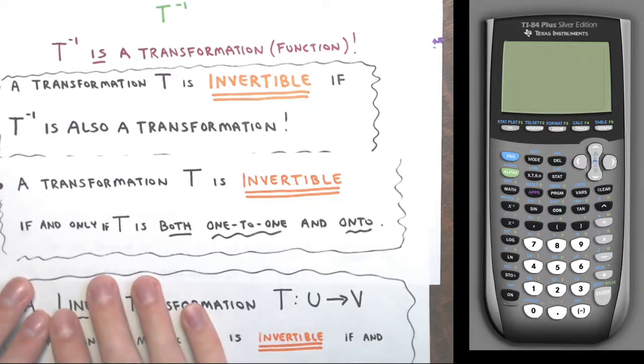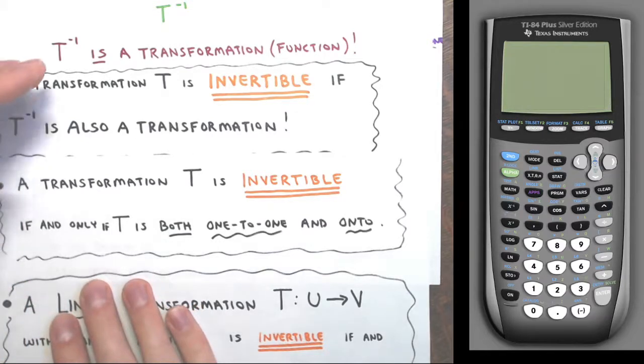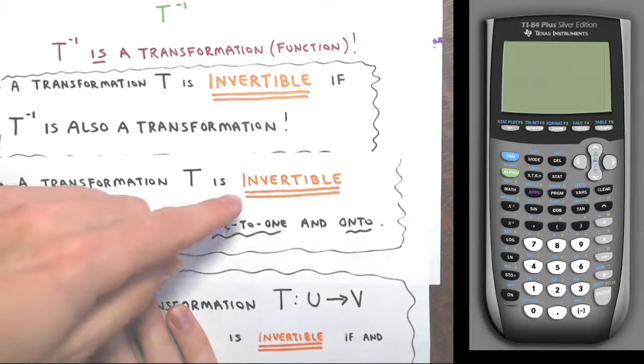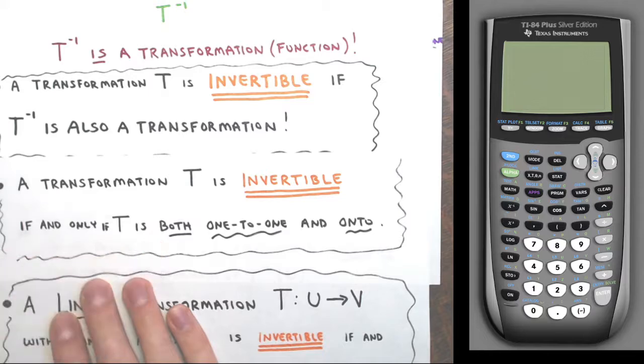Now, so far I've been talking about just any transformation. Any transformation is called invertible if the inverse mapping is also a transformation, and that happens if the transformation is both one-to-one and onto.